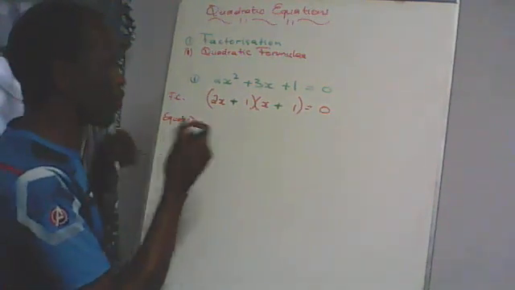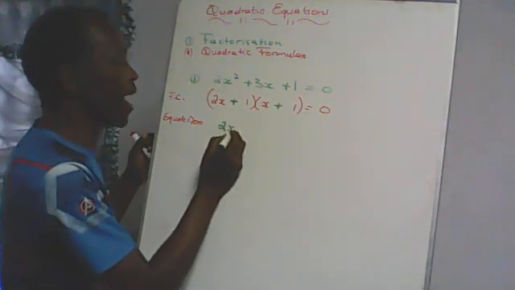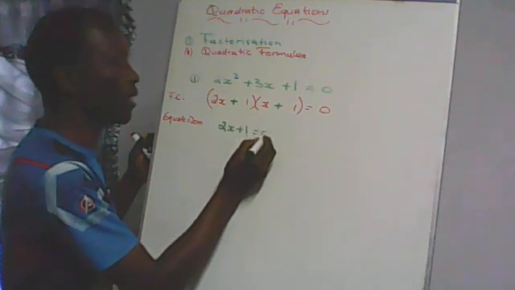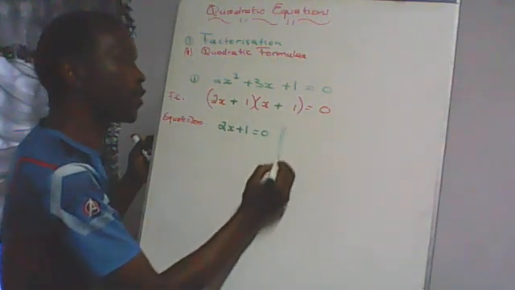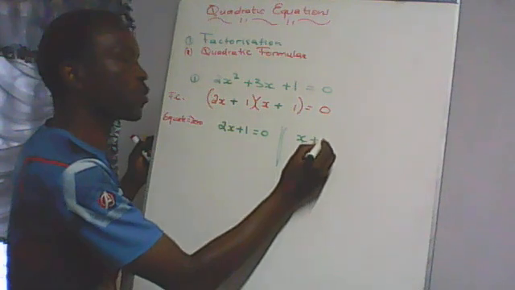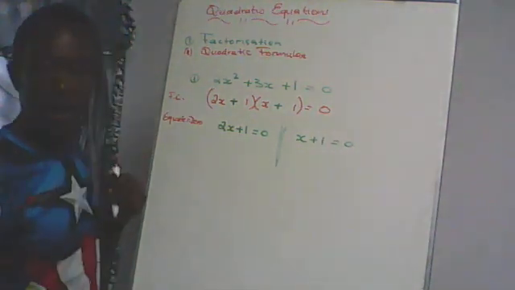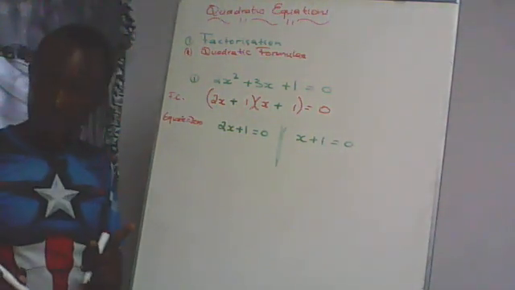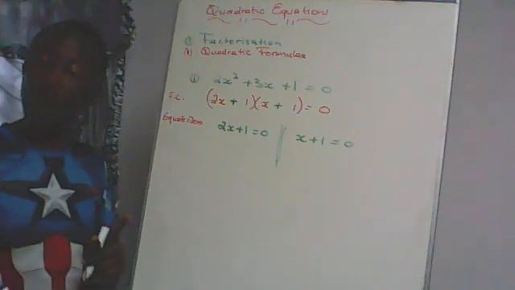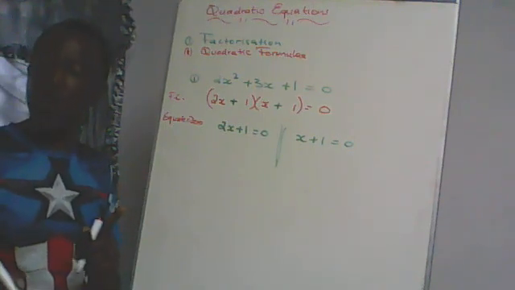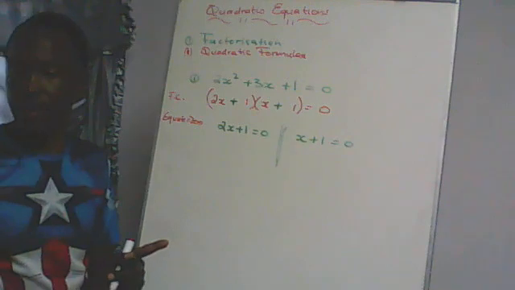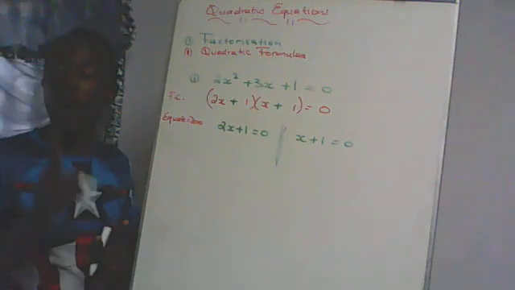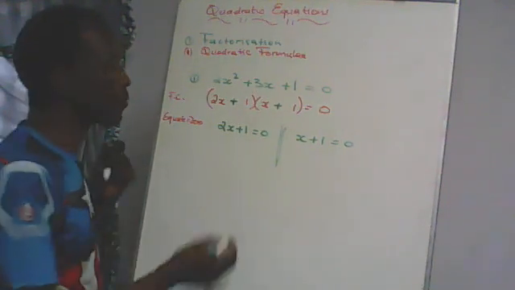Now let's take this factor. We have 2x plus 1 should be 0. And on this side, you have x plus 1 equals 0. Remember, you have to solve for x and not 3x or 2x. You must get the value of 1 x unit.